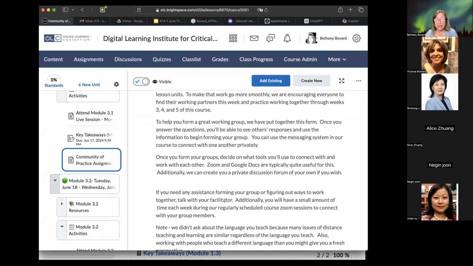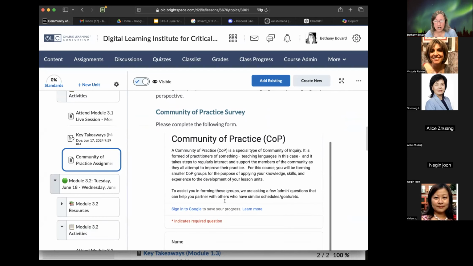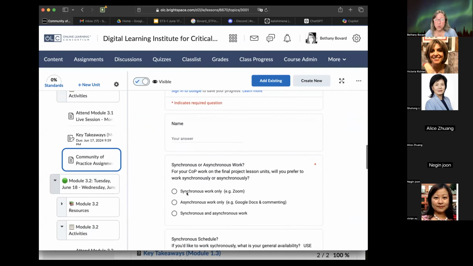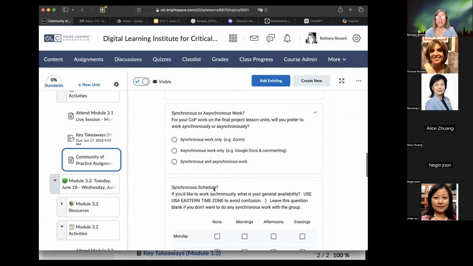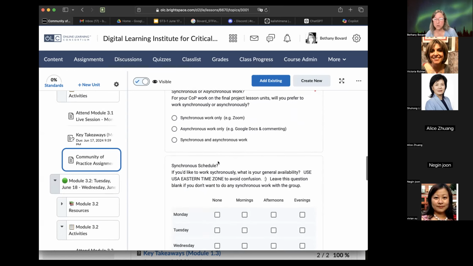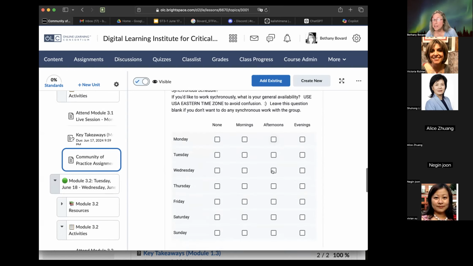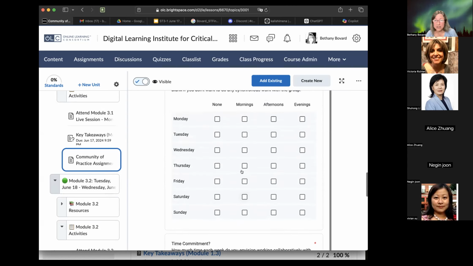The questions are about how you would like to work together synchronously or asynchronously on your lesson units, right? So that you're not alone. I mean, you can reach out to me and ask me questions, but it would be great to work with somebody. So how you'd like to work together, what your availabilities are.